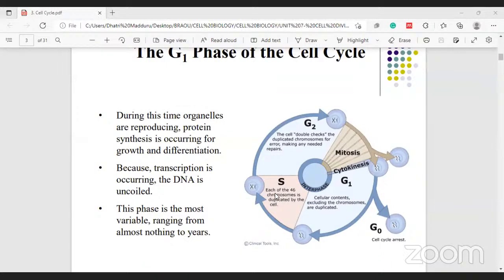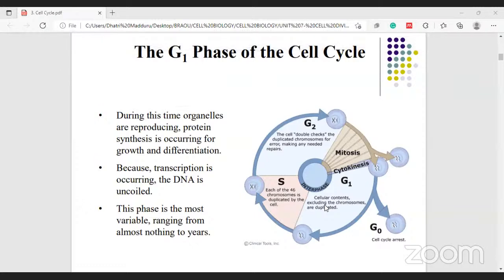Now after G1, usually we get the S phase, that is the synthetic phase. This G1 is a gap phase, which is a preparatory phase for the S phase. Here all the proteins, organelles and everything required for the S phase are synthesized. Transcription is occurring, therefore the DNA will be uncoiled. This is called interphase, and in interphase the chromatin is freely distributed in the cytoplasm.